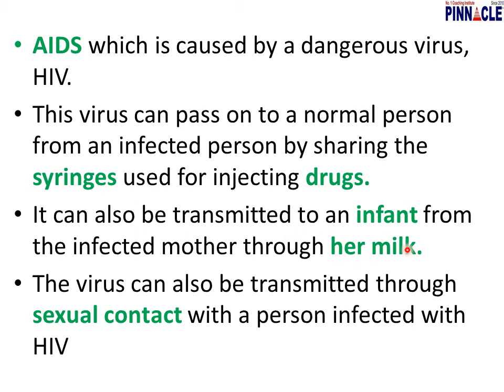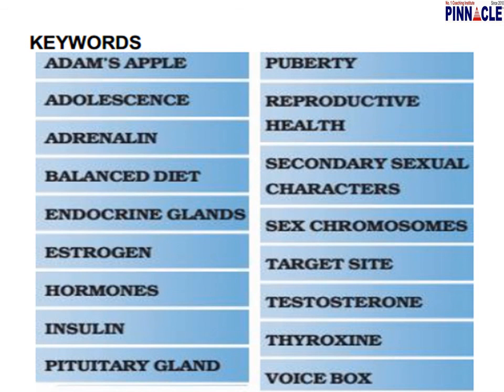The answer is yes. The virus can also be transmitted through sexual contact with a person infected with HIV. So sexual contact, milk, and syringes used for drugs are the responsible reasons for the spread of the HIV virus.